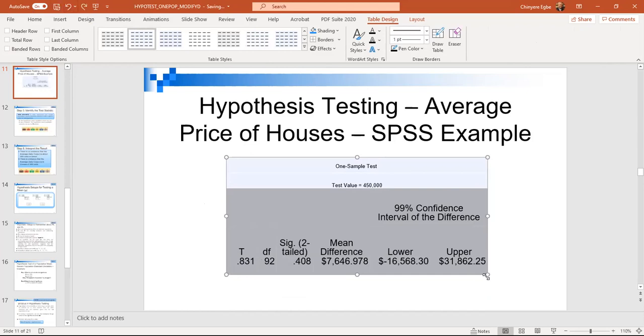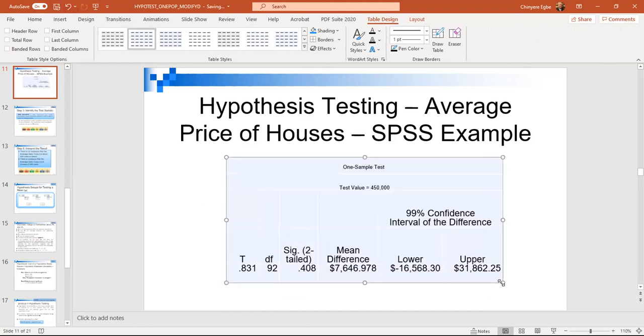Okay, are you able to see the screen? Yes. Are you able to see the numbers? Yes. Okay. All right. So now what do you see?